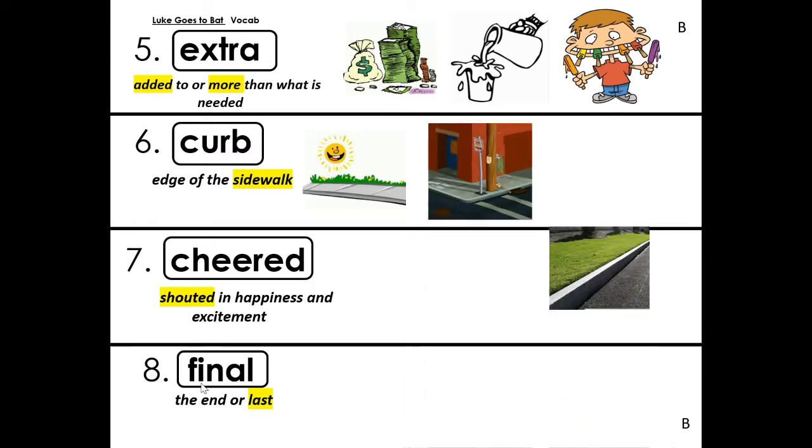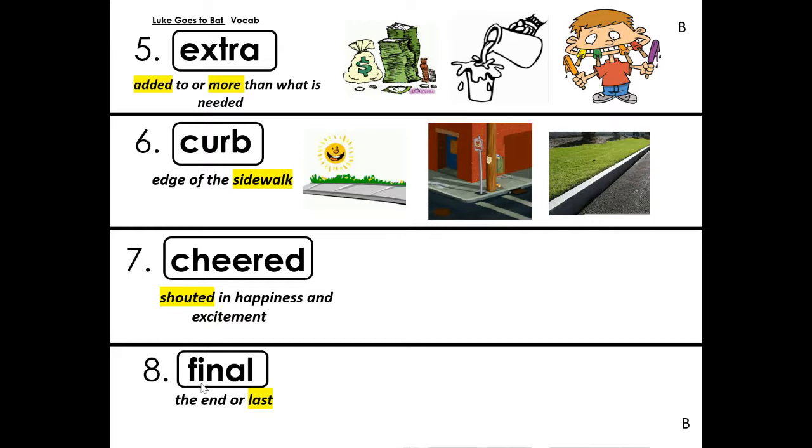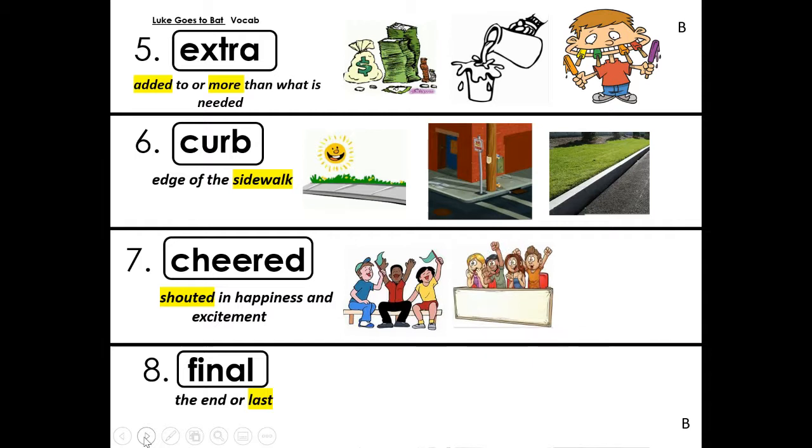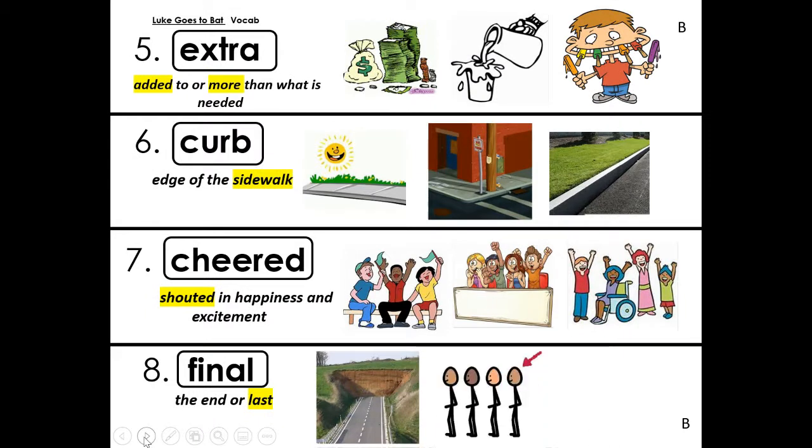Curb. And again, curb is also a sidewalk, which I highlighted in yellow. And number 7 is cheered, shouted in happiness and excitement. Cheered. And a synonym could be shouted. And number 8, final, the end or last. And again, I highlighted the word last.